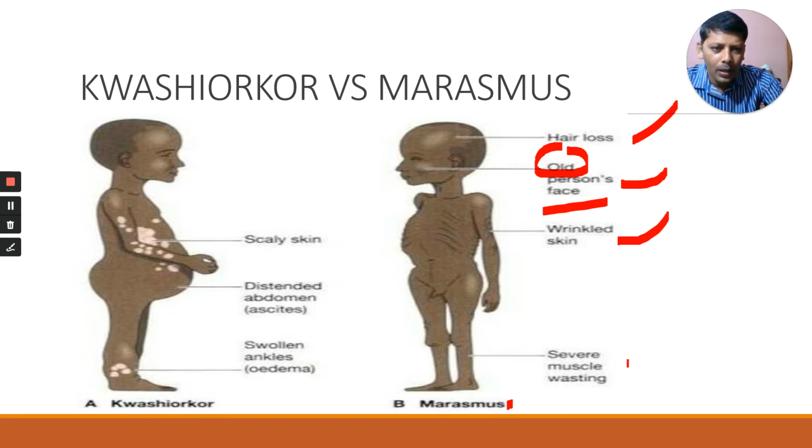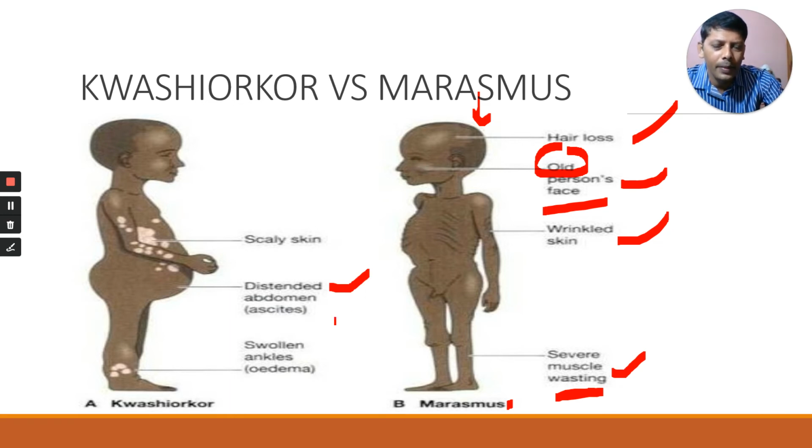Wrinkled skin, and next, severe muscle wasting. Muscles are degenerated here. Severe muscle wasting can be observed in marasmus. Next one, kwashiorkor: scaly skin and distended abdomen. The abdomen is very big, distended.